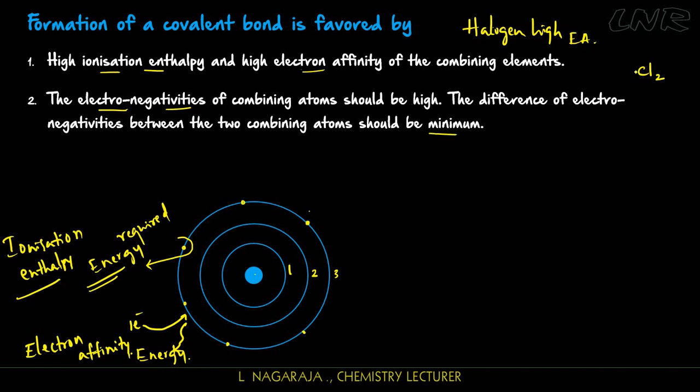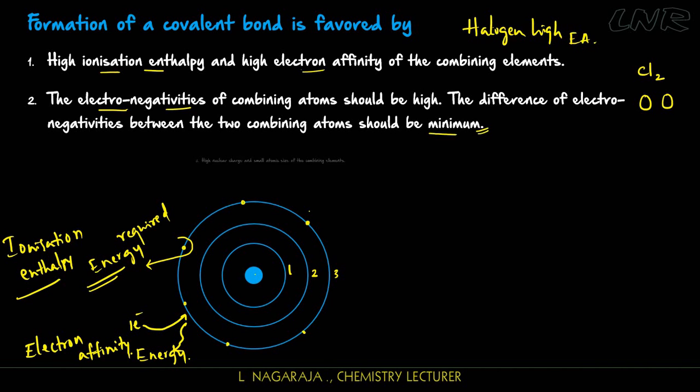The electronegativity of chlorine is very high, and the difference between the electronegativities of the two combining atoms, here two chlorine atoms, is 0. So the electronegativity difference between the two atoms should be very, very small. In that case only, covalent bonds are generally formed.